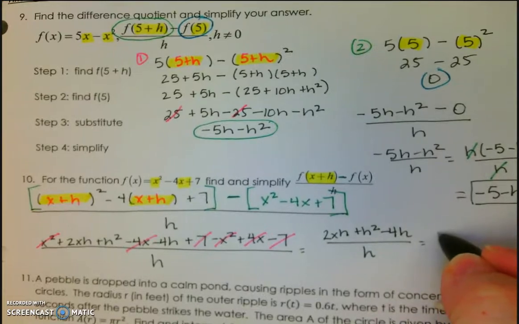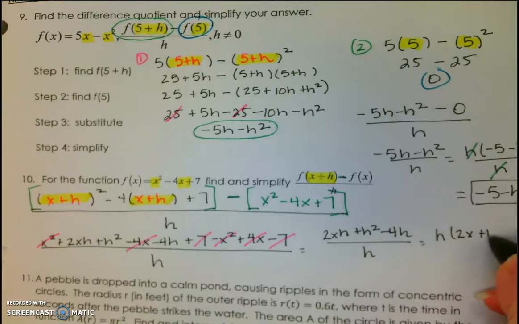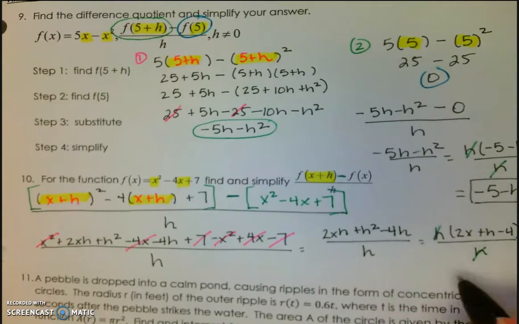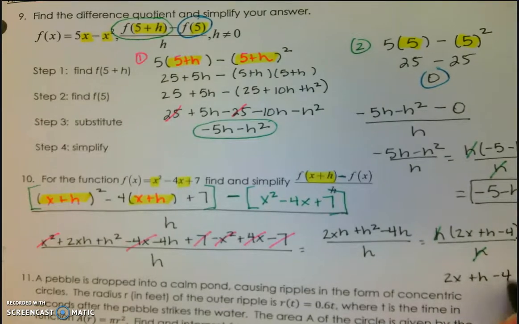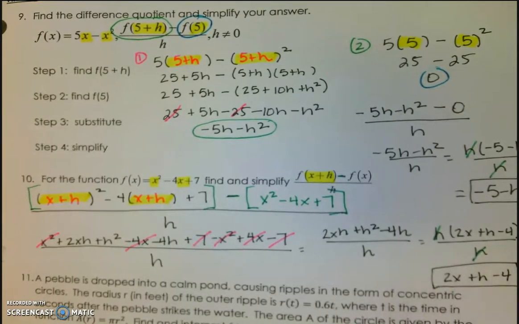Factor an h out of the top: h times (2x plus h minus 4). Simplify, and we're left with 2x plus h minus 4. And that's done.